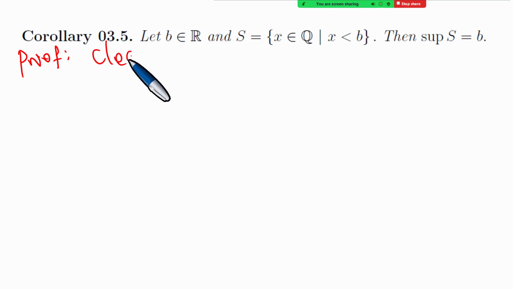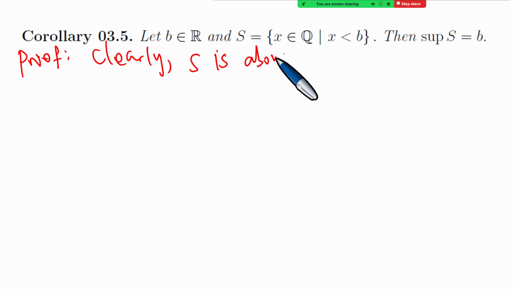Clearly, S is bounded above. Let's first start there. It is bounded above because of the LUB property, the supremum. The supremum suggests that the least upper bound property, also called the completeness axiom, holds true.